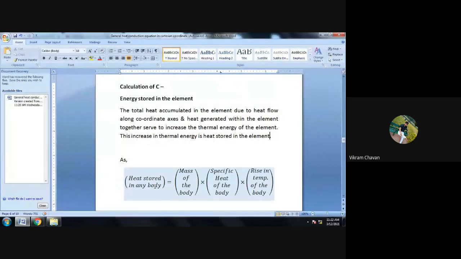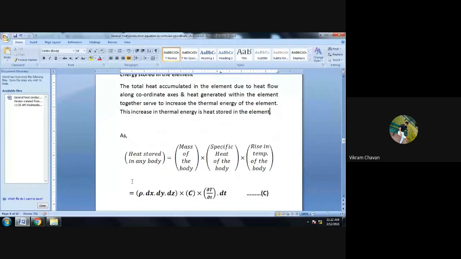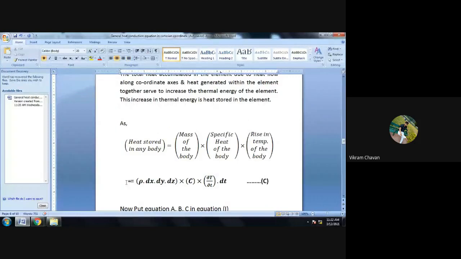We can write the mass in the form of a density and a volume. The density of the element we are going to consider as rho, and the volume is equal to dx multiplied by dy multiplied by dz.